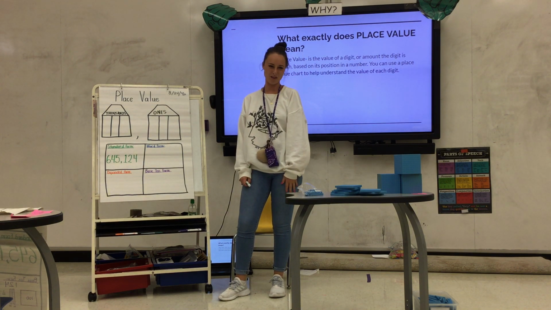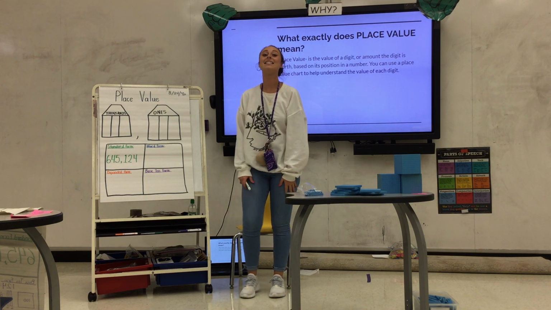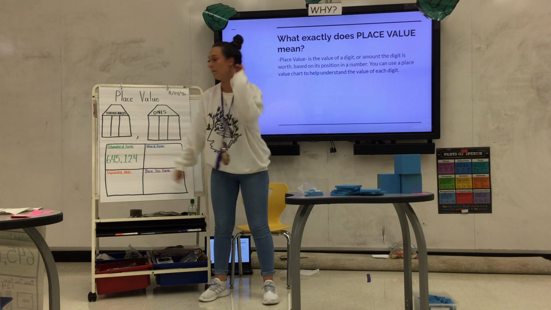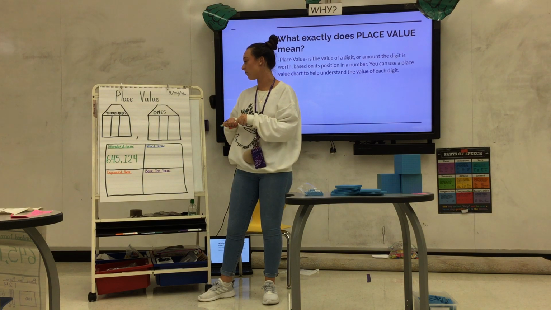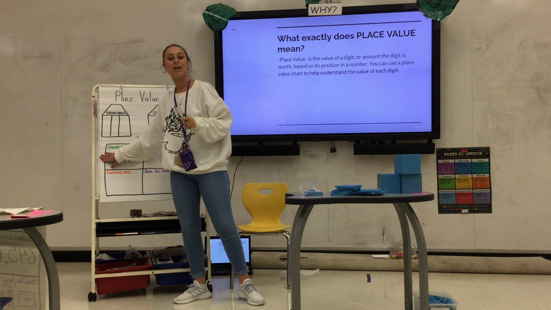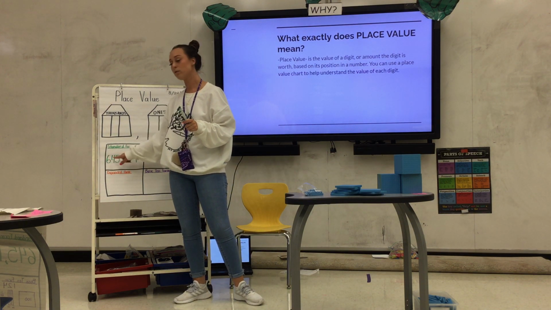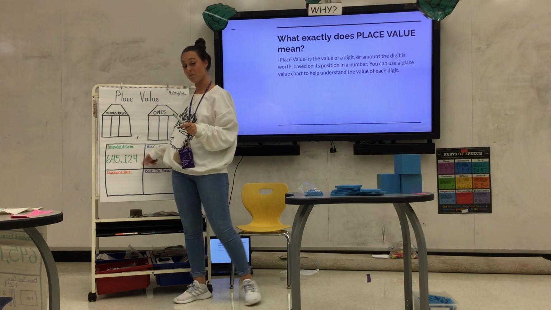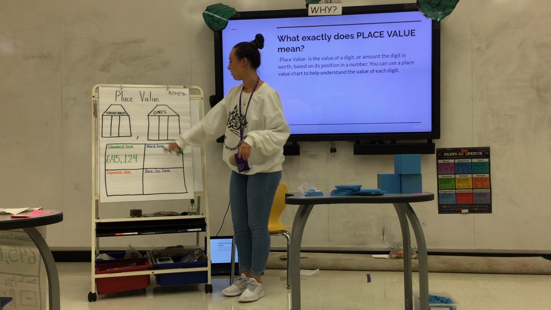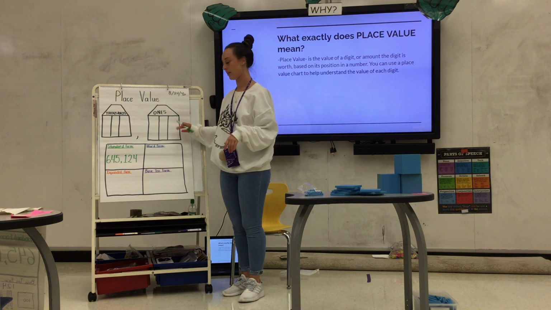Oh, I don't think you're loud enough. Everybody say standard form. Okay, standard form is when my number is written using my digits. So right here I can see each number, I can see each one of my digits. We're going to start right down here.